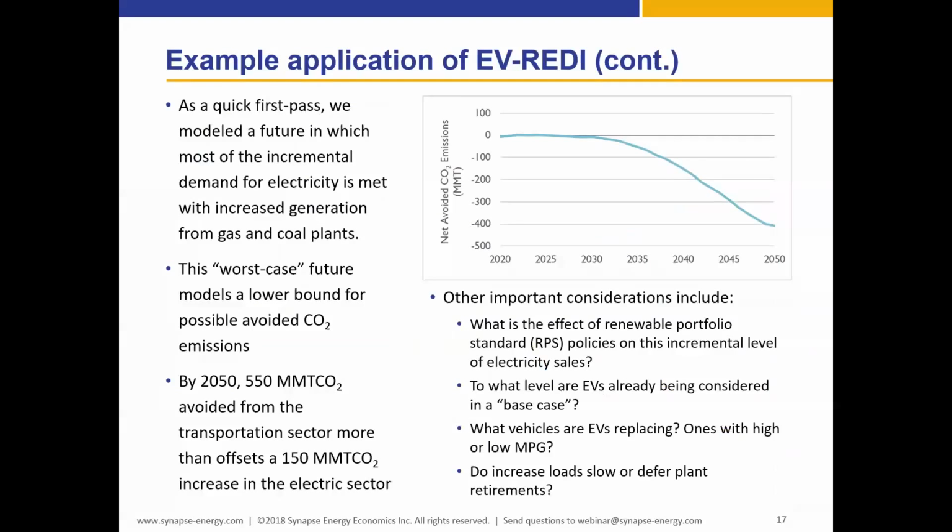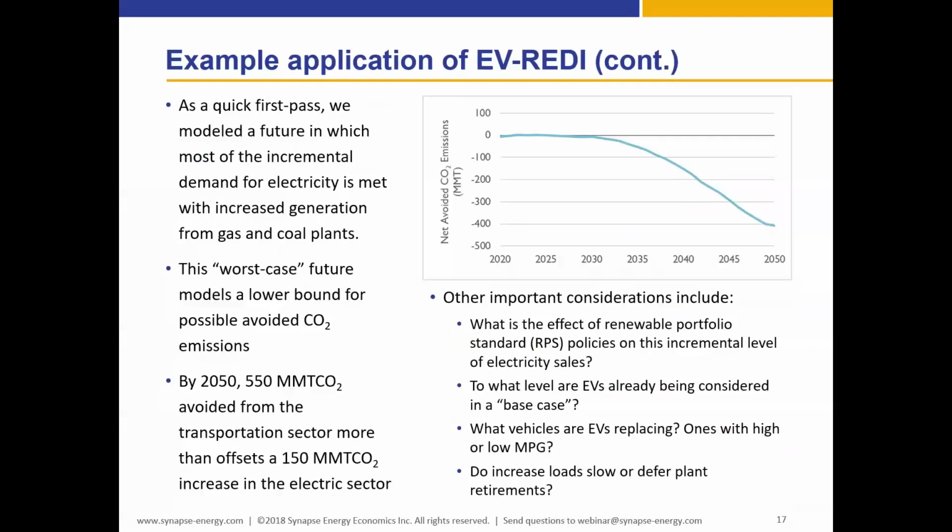And we didn't model this because we necessarily think it's the best way, or the right way, or the most probable way. It's more to establish, even in a case where all of the electricity demand was met with generators that emit CO2, what would be the overall impact on CO2 emissions?